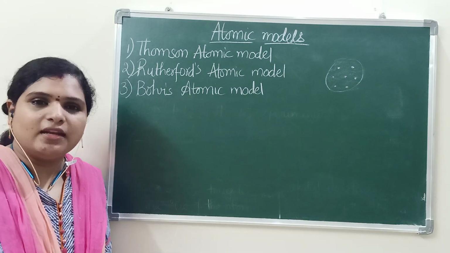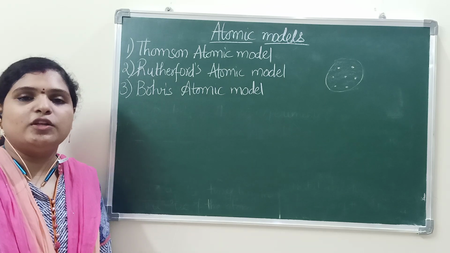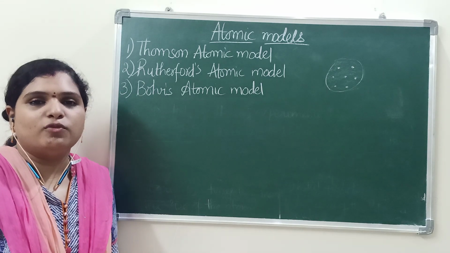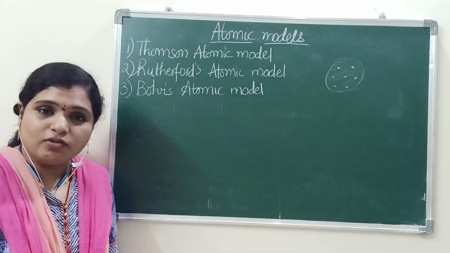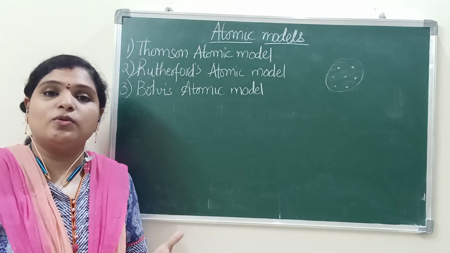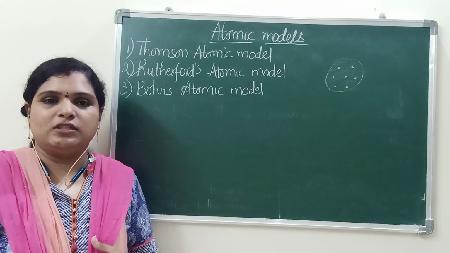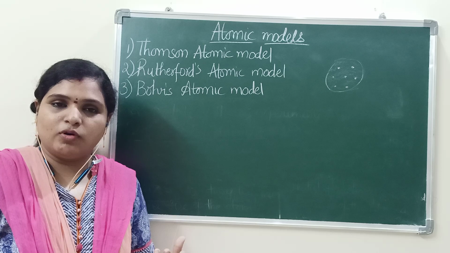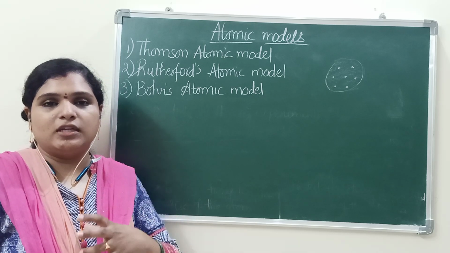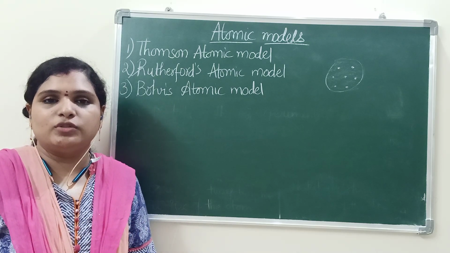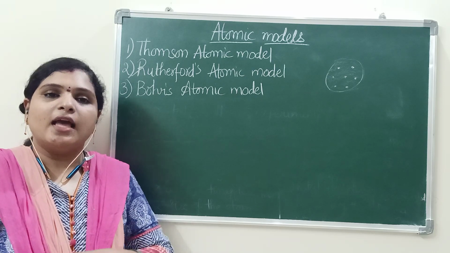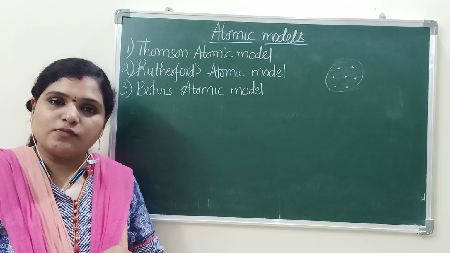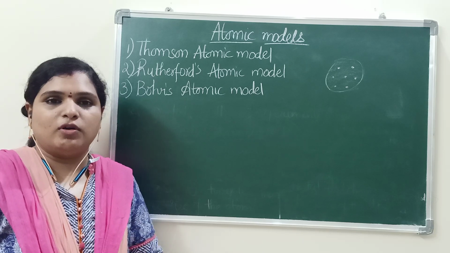If you take any dessert and sprinkle dry fruits on top, the dry fruits are the electrons, and the dessert has positive charge. According to his model, the total positive charge is equal to the total negative charge in an atom. Electrical neutrality was explained and satisfied by the Thomson atomic model.